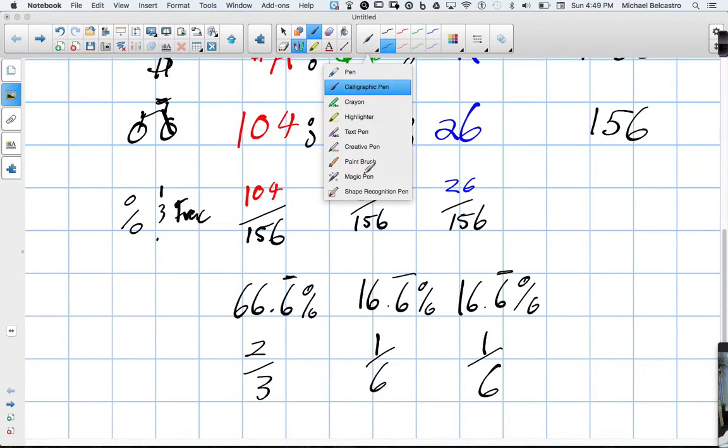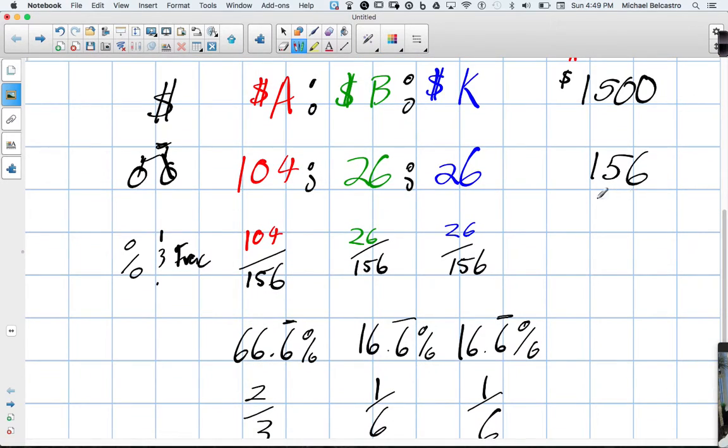Now that we have the proportion of the total number of bikes made by Angela, Beth, and Kwan, we can multiply these percentages by this money amount to find out how much each of them should earn with respect to their amount of work. Because Angela does 66%, we can multiply that by the $1,500.